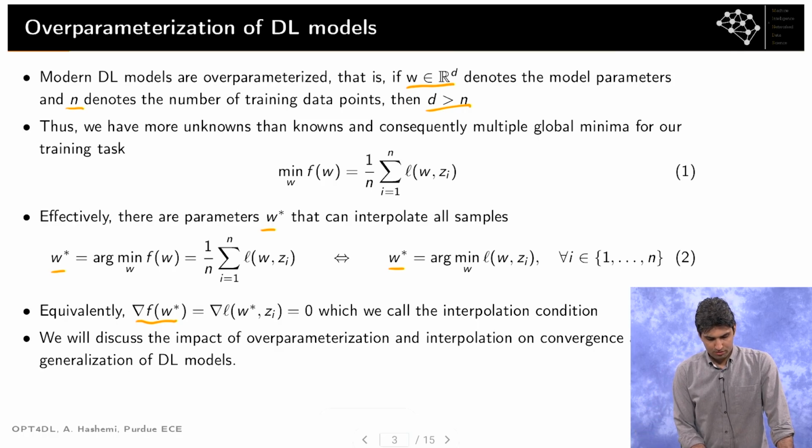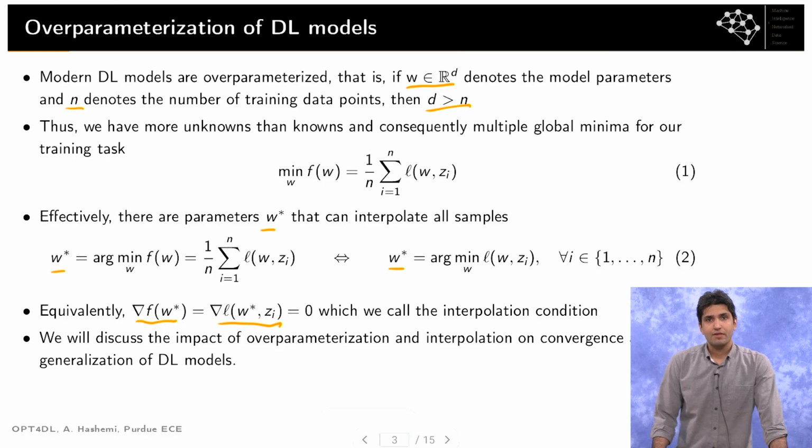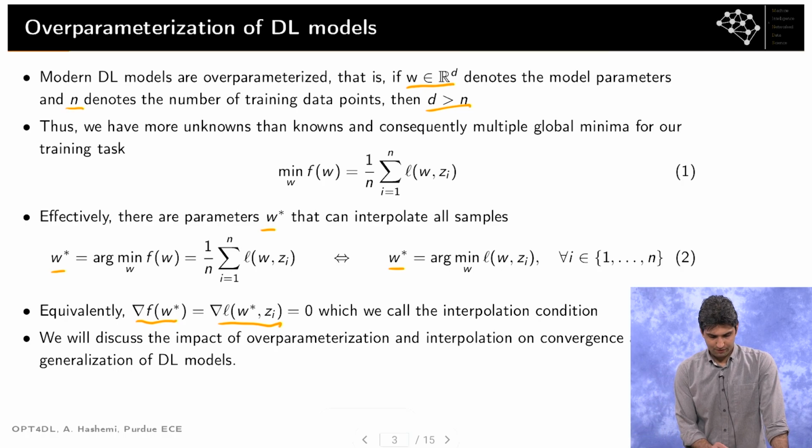But also, thanks to interpolation, the gradient of the individual loss samples with respect to W, evaluated at W star, is also 0. For the purpose of this lecture, we're going to refer to this as the interpolation condition.